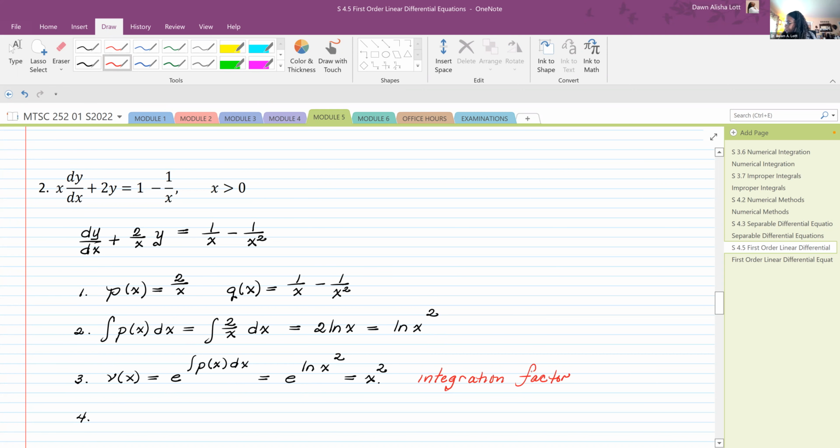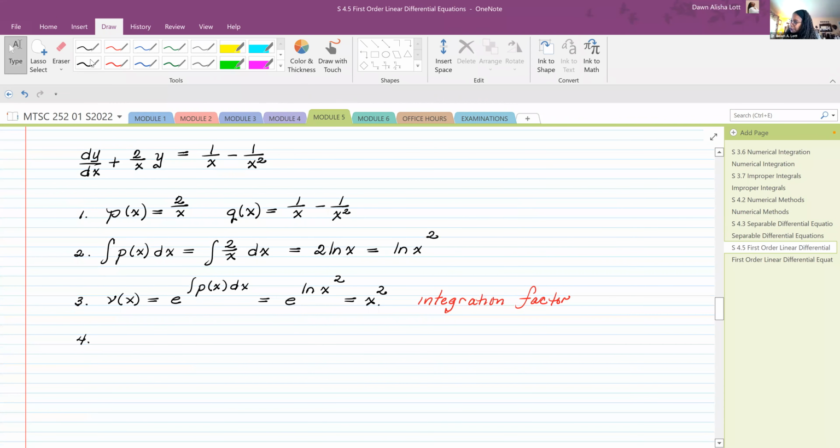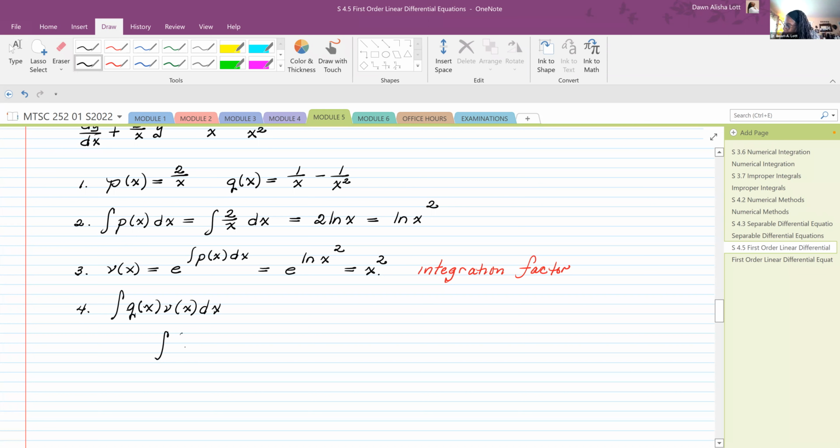Okay, so after we find the integration factor v, then in step 4, we must compute the integral of q of x times v of x dx. So q of x is 1 over x minus 1 over x squared, and v of x was x squared.